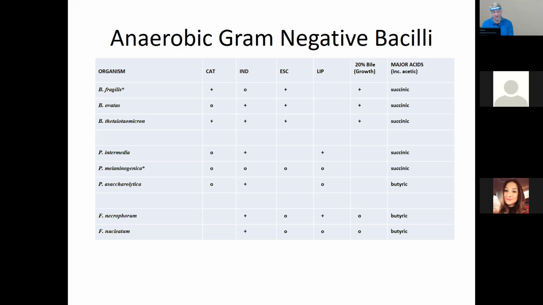What's the P again there? Bacteroides is the first one. What's the P for the second group? Is this the Prevotella species? Prevotella. And then what is the necrophorum and nucleatum down there? What's that F stand for? Fusobacterium. Yeah. Okay.